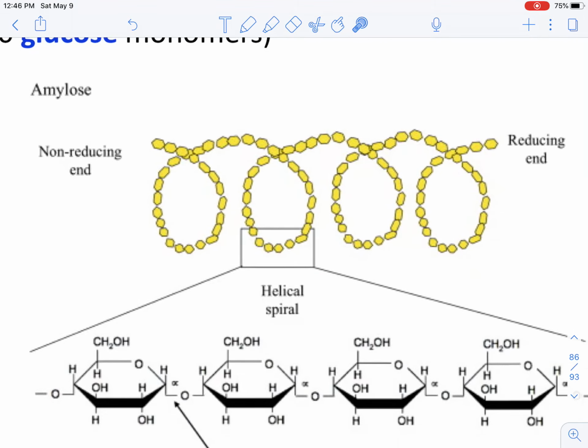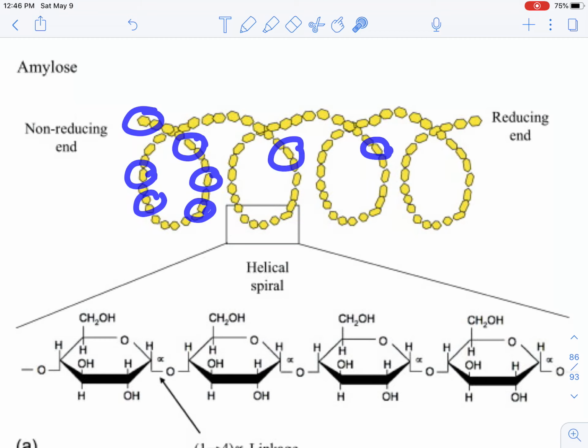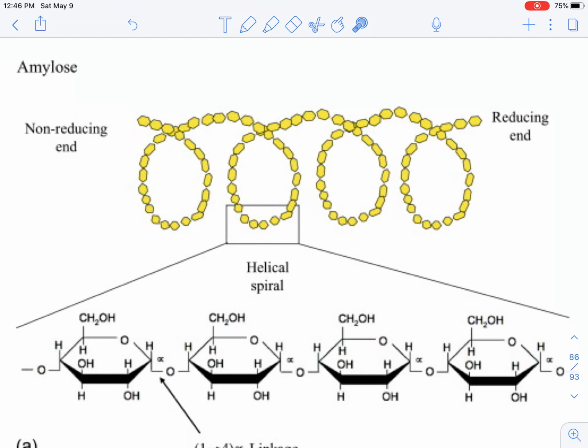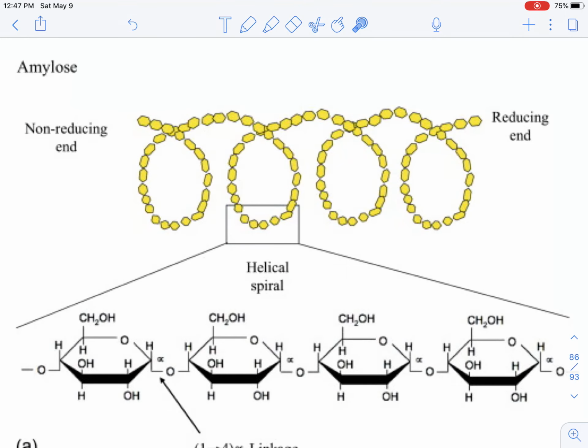And so if I can draw your attention to the image on the top, this yellow structure, all of these hexagons on this yellow chain represent the glucose subunits, and the bonding of all those glucose subunits is basically side to side. And overall, it's going to form a linear structure.